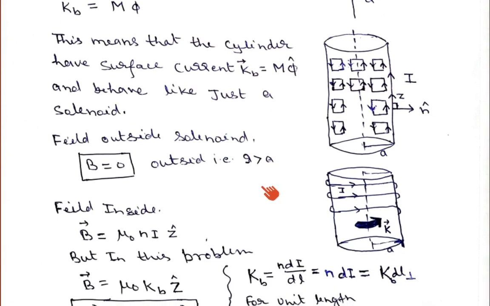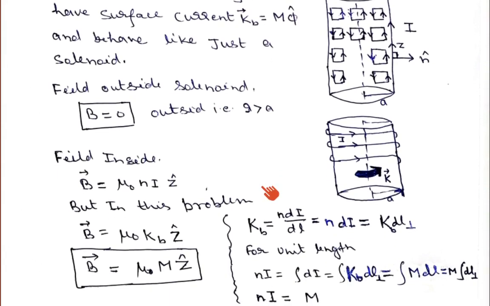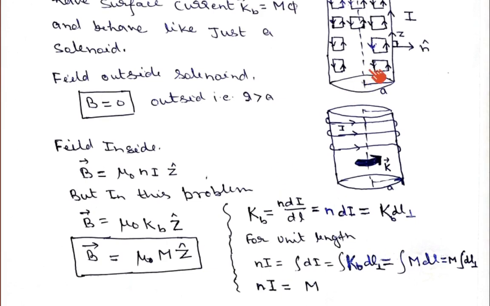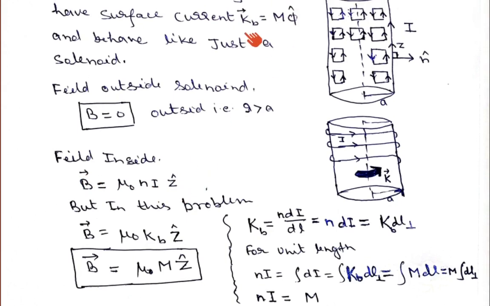If we come inside the uniformly magnetized cylinder, we know the magnetic field inside a solenoid is B vector equal to mu 0 nI z unit vector. But here what we know is the surface bound current density, which is equal to M phi unit vector.